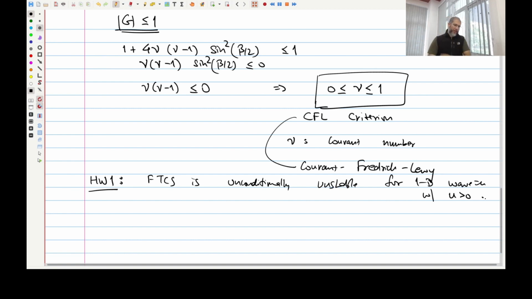Right. The second homework is to show that forward time, forward space is also unconditionally unstable.